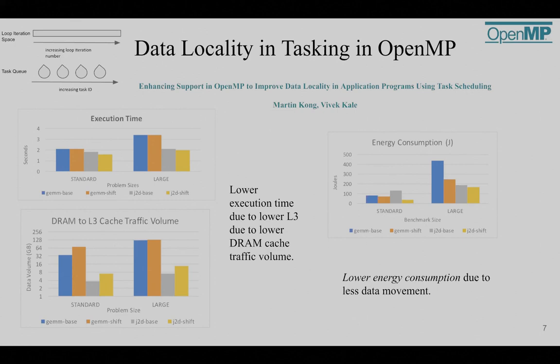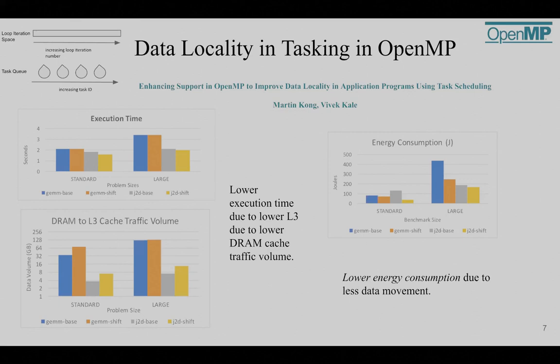What we experimented with are different metrics. The two left plots show raw execution time and the cache traffic volume. And what this shows is that the Jacobi 2D has a significant sensitivity to using the locality-aware scheduling scheme, and it has a more significant sensitivity when we have larger problem size.